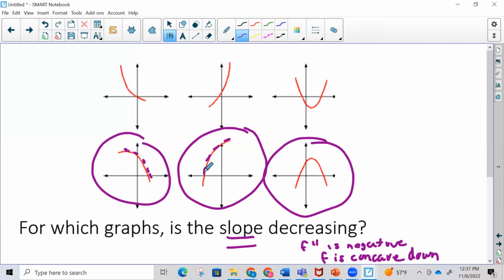This slope starts really high positive and then it's getting closer and closer to 0. So that's decreasing. And this slope starts out really high positive, goes to 0, and then gets more and more negative. So it's decreasing.